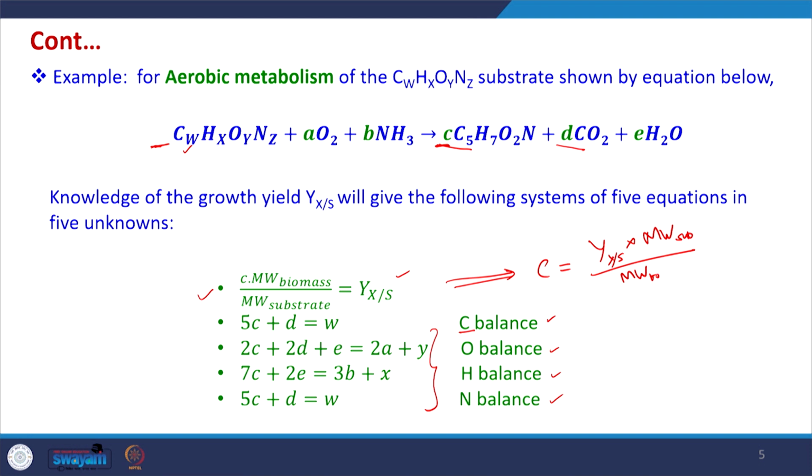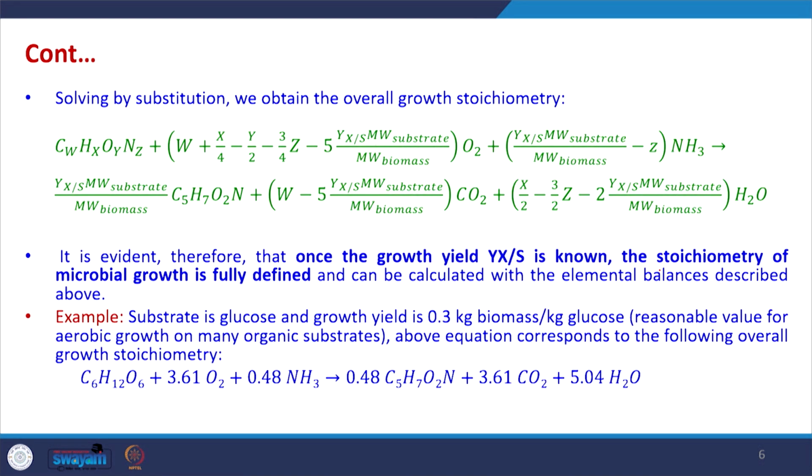So, the C value is known to us, and using it, all other parametric values can be found out, and the values of A, B, C can be found out in terms of W, X, Y, Z and the Y_X/S, which is the growth yield. So, we can substitute in all places and write this equation.